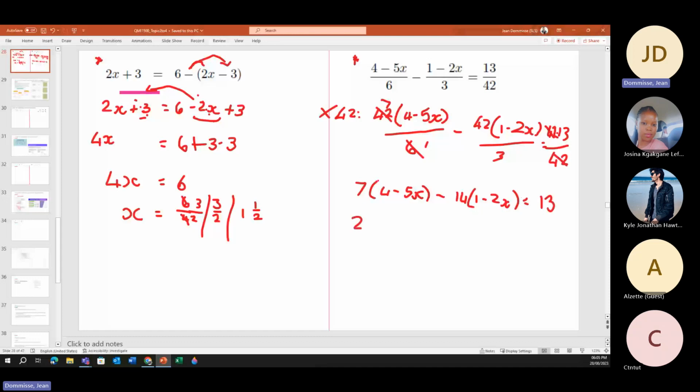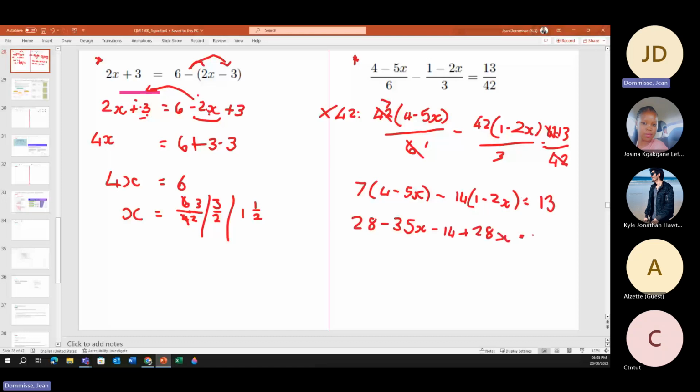So 7 times 4 is 28. 7 times 5 is 35. Minus 14 times 1 is minus 14. Minus 14 times minus 2 is plus 28.